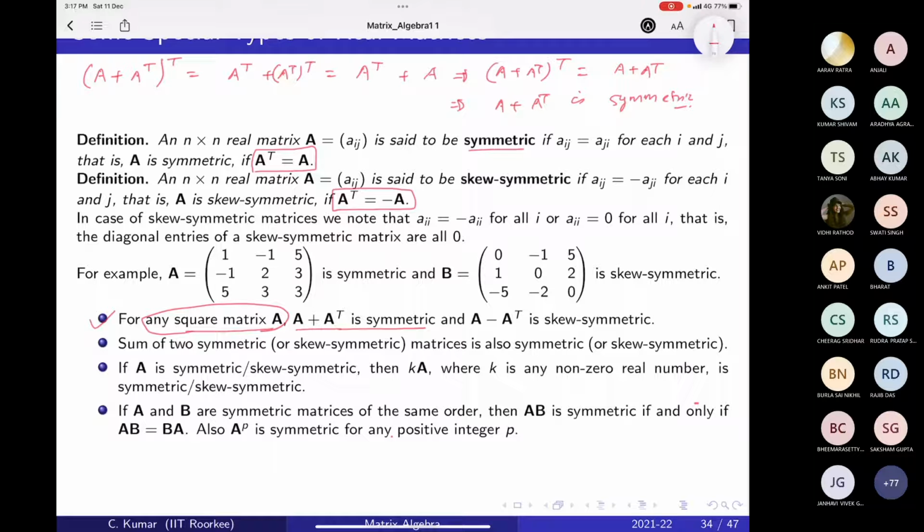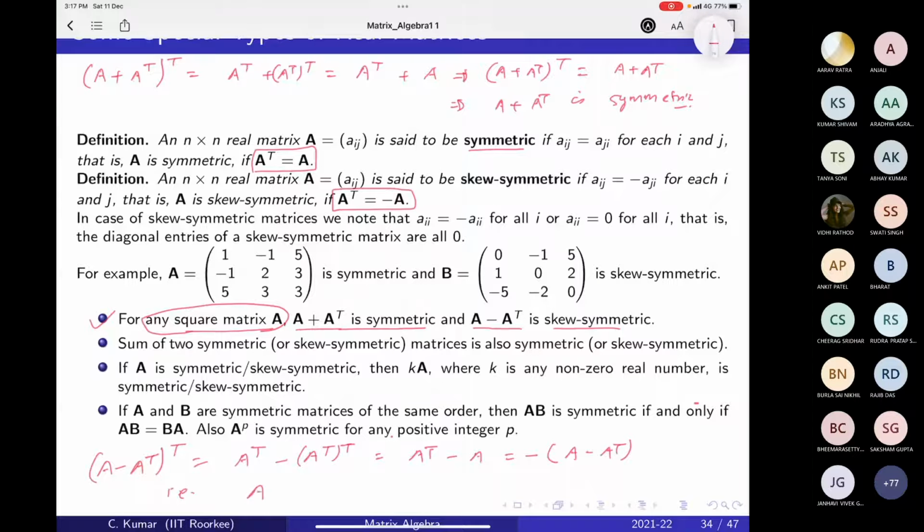And the second one is A minus A transpose is skew symmetric. So you have A minus A transpose. You take the transpose of this, you get A transpose minus A transpose transpose, which is A transpose minus A, which you can write as minus of A minus A transpose.